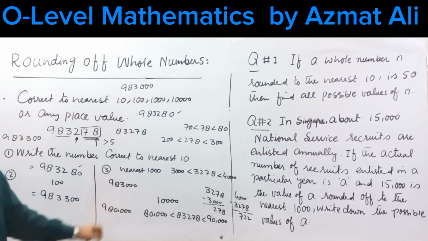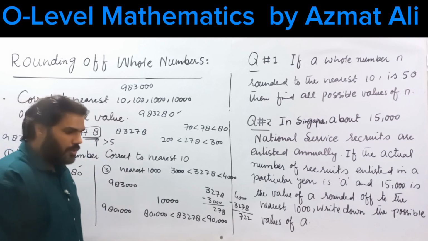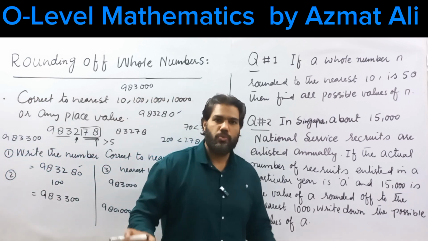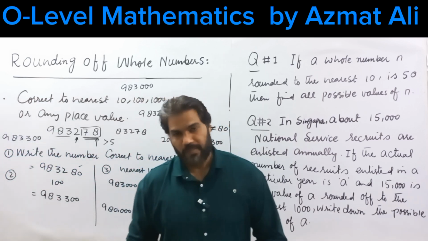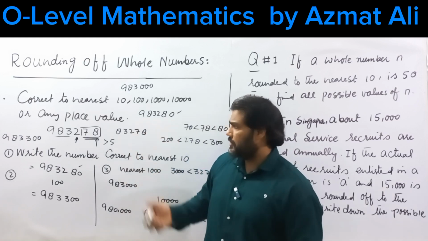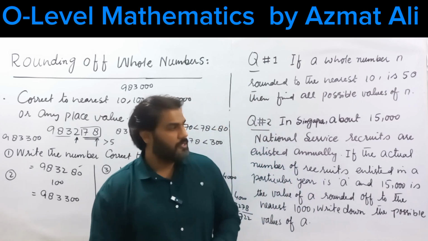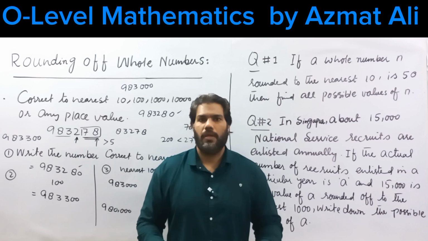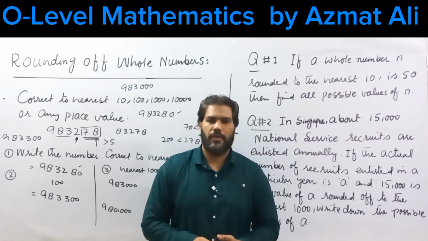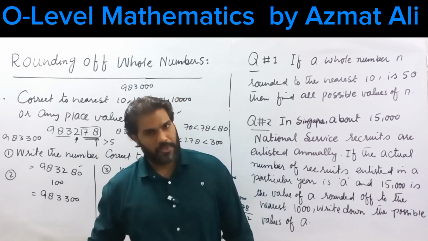That is the same. So this is the actual method that you can apply to round off any whole number at any place value. Next, I will discuss some harder or more complicated questions related to our topic.